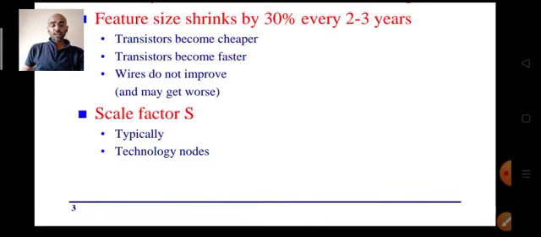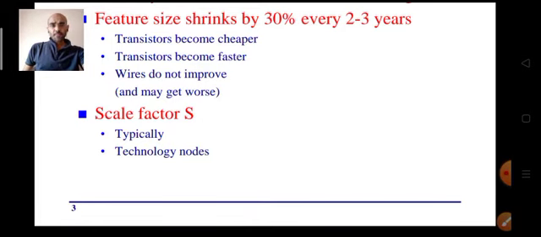Whatever advantage we get because of device shrinking, we may lose it because we have not scaled the wires. Okay, so usually wires we don't improve, but it may affect our device performance very much. Okay, so that's what the thing is.